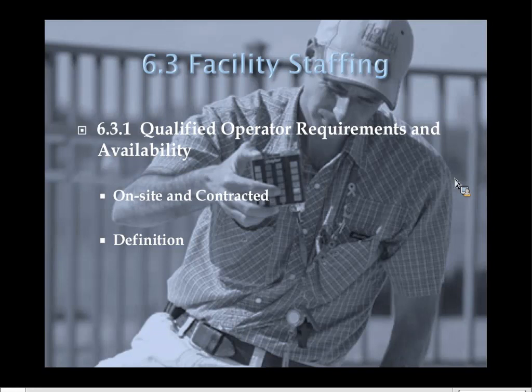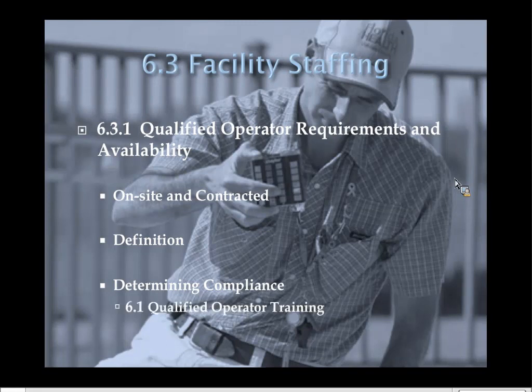There is not much need for interpretation with regard to this entry, other than determining what training programs and/or training agencies are recognized by your particular AHJ. If your jurisdiction does not have such a list, Section 6.1 details the requirements for operator training courses and the certifications that go along with them.